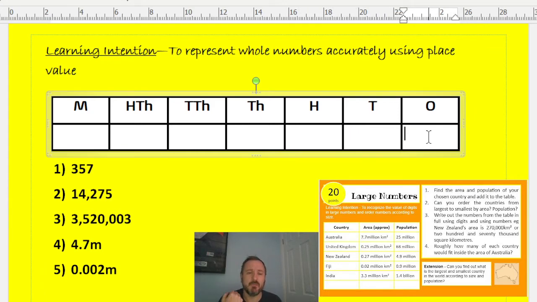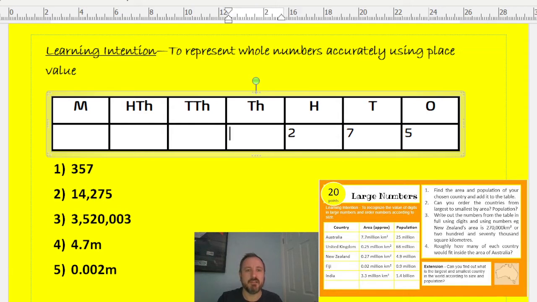We've got the number, which in digits is 14275, but if I read that number as a word, it's 14,275. So again, we're going to put the 5 in the ones column, so we know that means 5 ones. The 7's going to go in the tens because it's 75. The 2 is going to go in the hundreds because it says 275. And then we've got the 14 left.